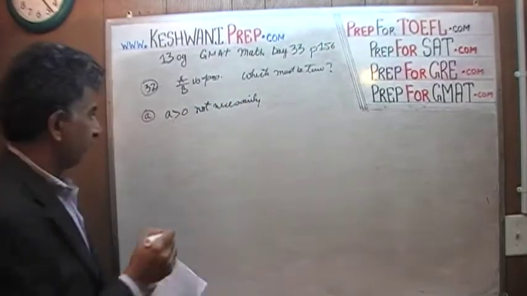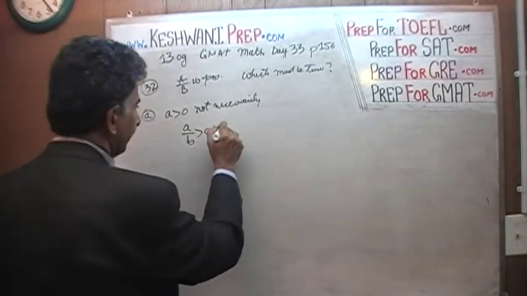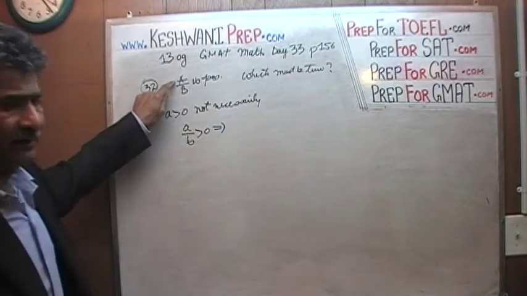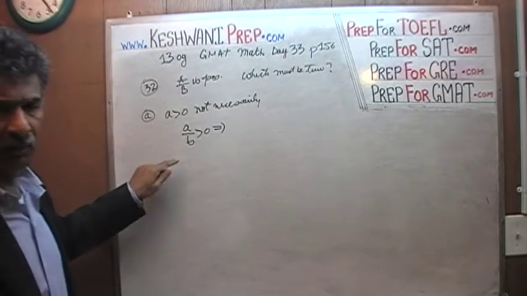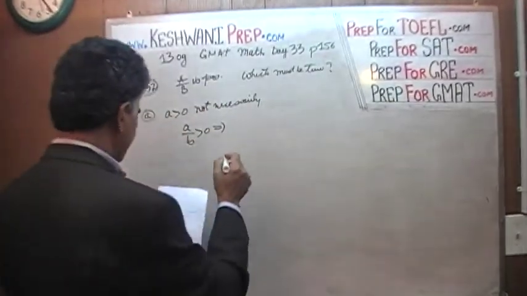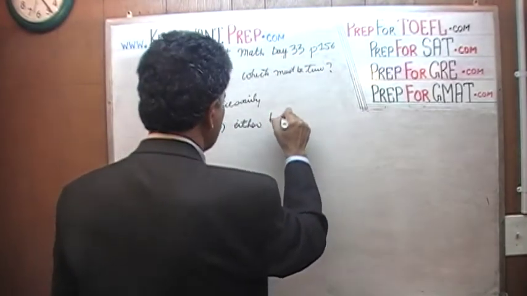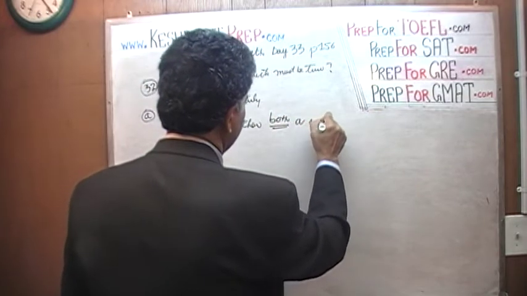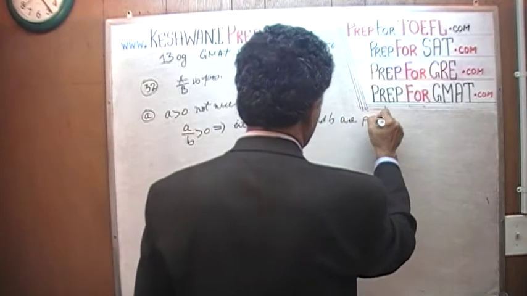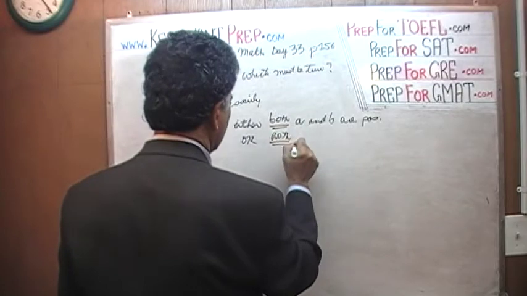Not necessarily, because we are told that A over B is positive, which implies that either both A and B are positive, or both are negative.